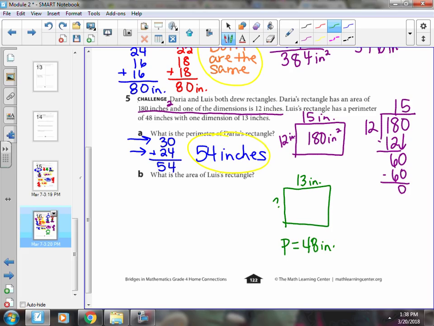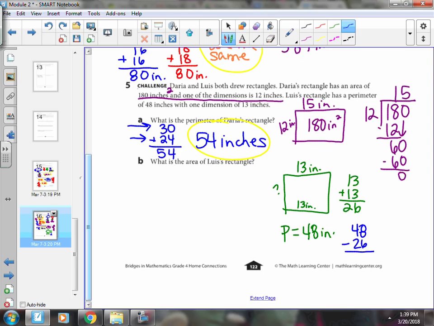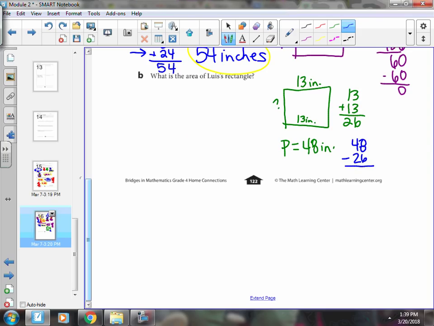Okay, if the perimeter is 48, to figure out everything, let's add what we know. If the top is 13, then the bottom must also be 13. Let's add that up. Some of you probably already know that 13 and 13 together is 26. Now let's take our total perimeter minus 26, and that will give us what we have left to work with. 22.